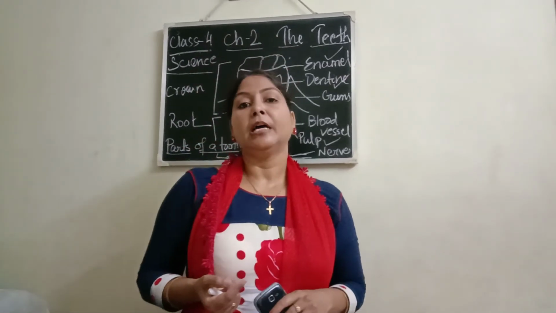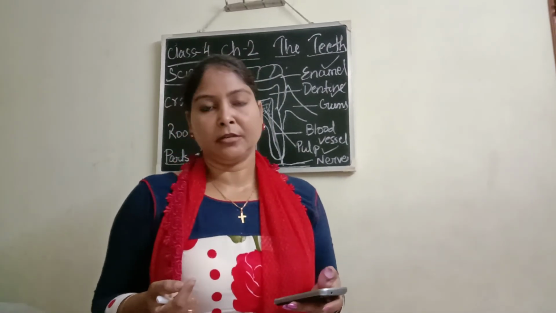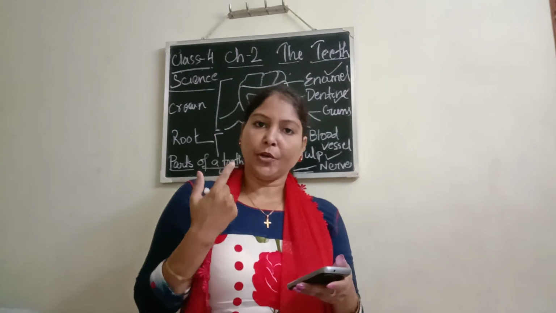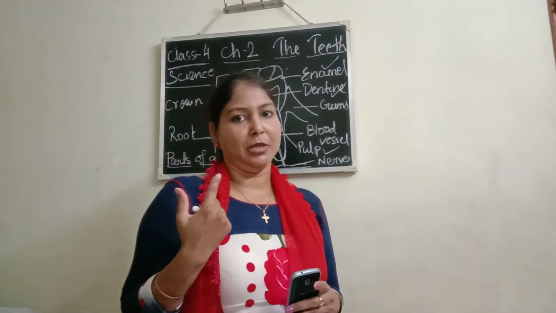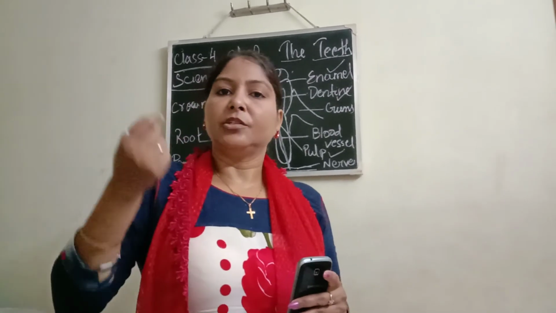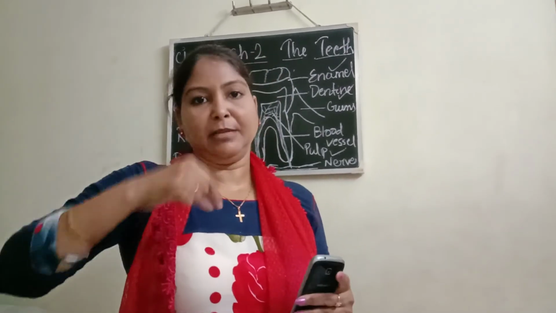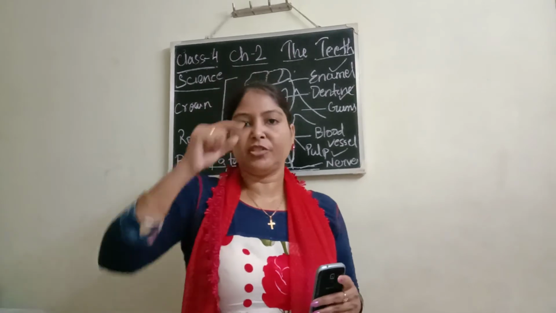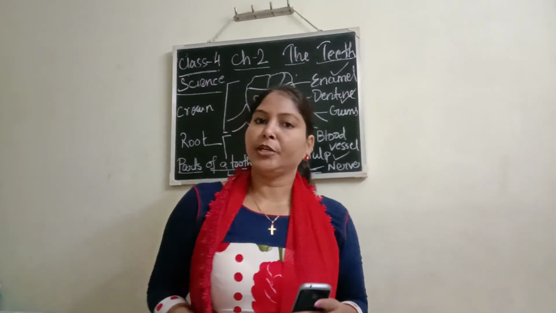And the fifth point, every 6 months you must go to the dentist for your teeth checkup. Along with that, not only do you have to clean your teeth, but also your tongue, because on your tongue also the yellowish dirt with germs gets deposited, which we need to clean.